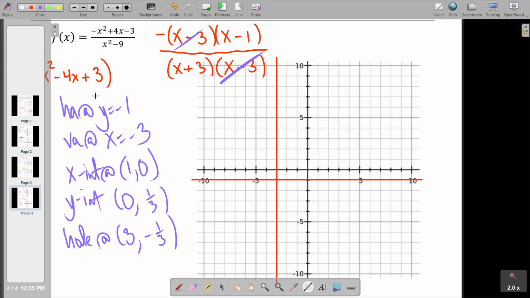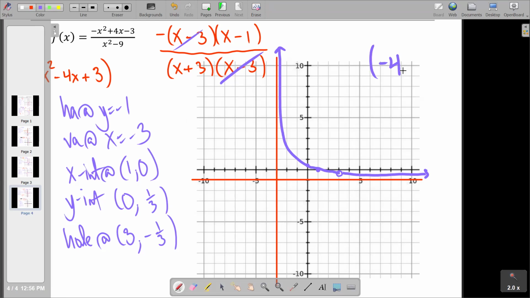X-intercept is at 1, 0. So we're gonna go to 1, 0. Y-intercept is at 0, 1/3. So we'll just estimate that. And there is a hole at 3, down 1/3. So I'm going to go right 1, 2, 3 and down 1/3, which is probably right about there. And so again, I think we have enough information to make one side of the graph, and the only mystery remaining is what's happening on the west side, and for that, we're going to pick something like -4.